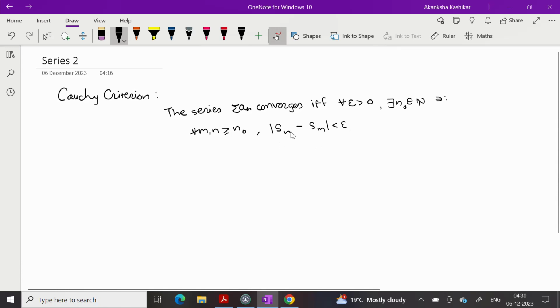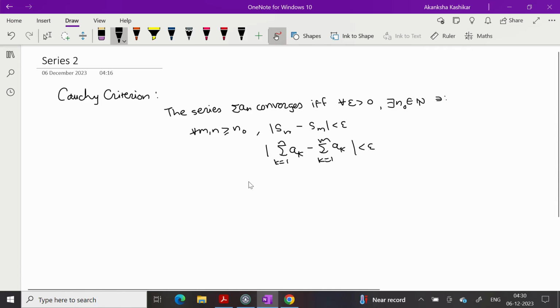This Sn minus Sm, Sn is our sequence of partial sums. So this will be sum over Ak, k going from 1 to n, minus sum over Ak, k going from 1 to m.